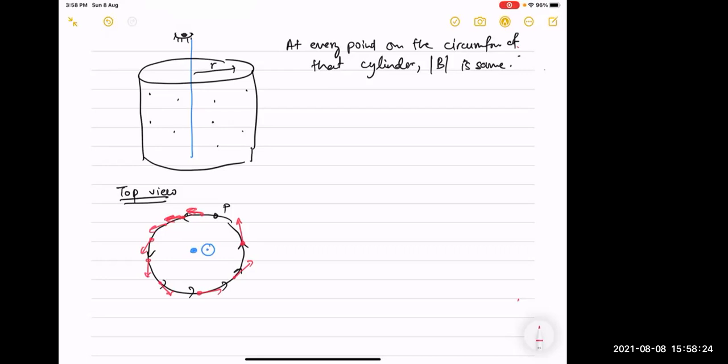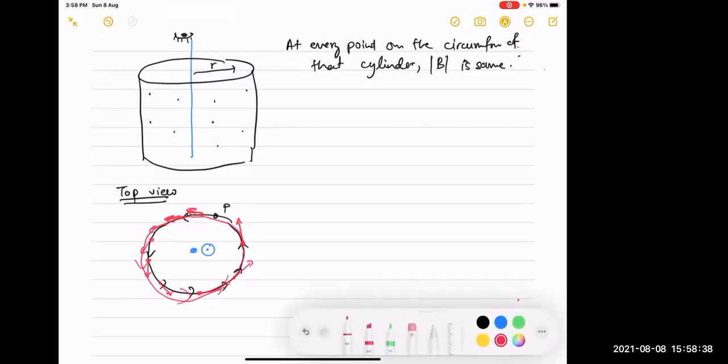So if you take any point, the magnetic field is like this in red, right? I will take the Amperian loop also the same. Then what will happen? If you take any small part of the Amperian loop, suppose this dl part, what is the direction of dl?